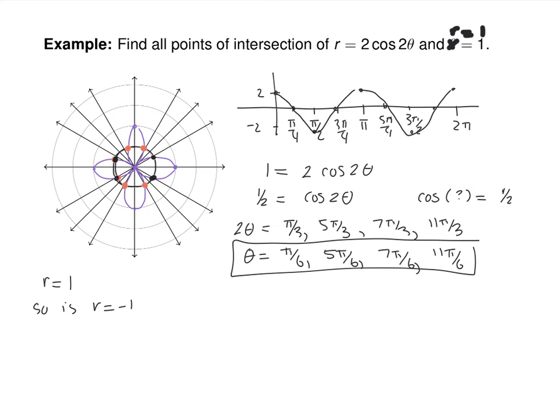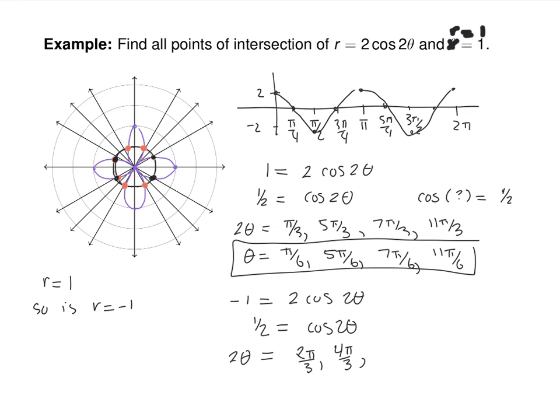So the other thing that you can solve to find the rest of them is negative 1 equals 2 cosine of 2 theta. So it'd be negative 1/2 equals cosine of 2 theta. And that will be true if 2 theta is equal to, well, 2 pi thirds for one, 4 pi thirds for another, and you've got to go around the unit circle twice because this oscillated twice.